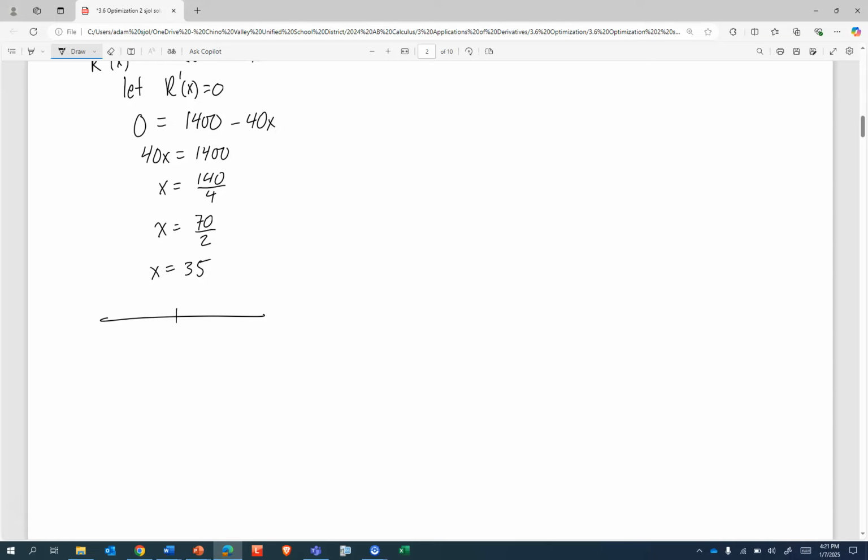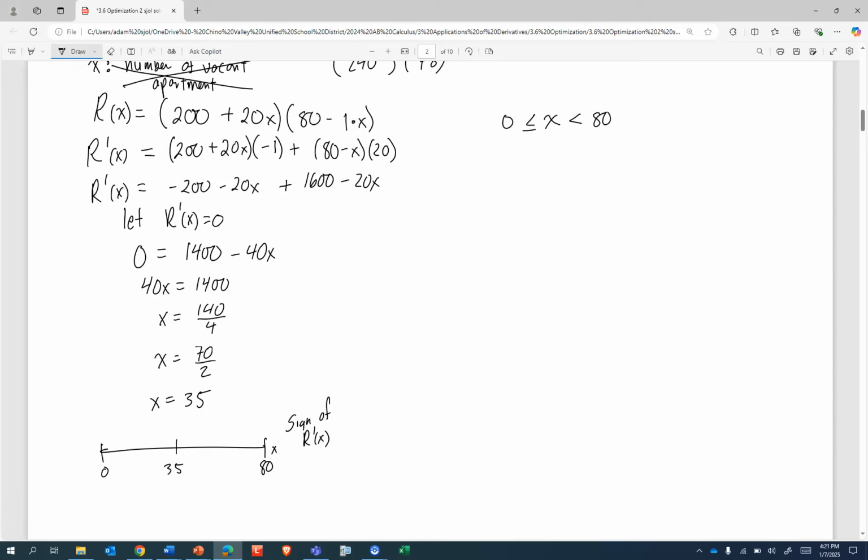Sign of r prime of x. Okay, so let's go back and make sure we get the correct sign. When x equals 1, that's going to be negative 200 minus 20 plus 1,600 minus 20. That's pretty obviously positive.